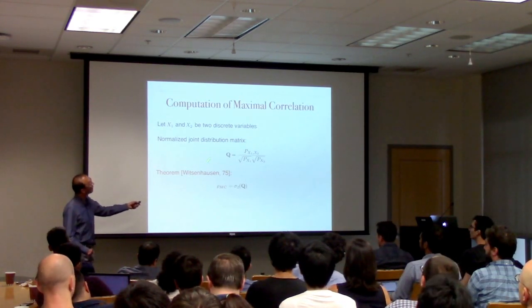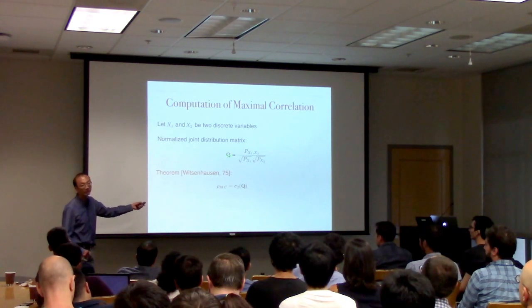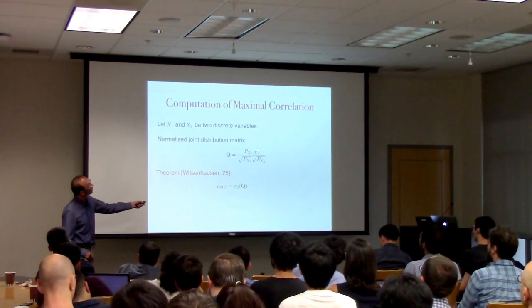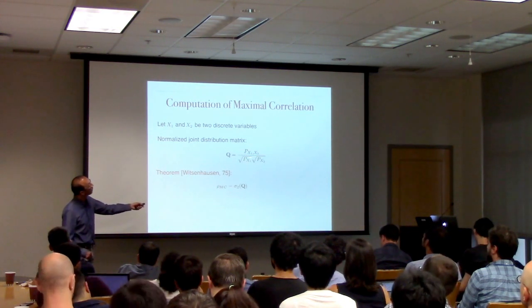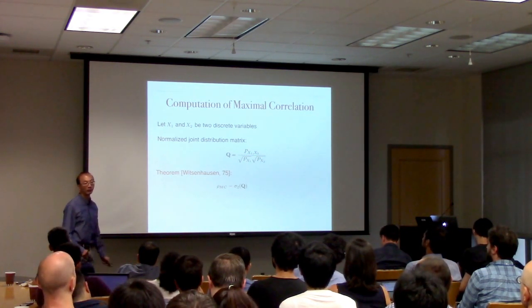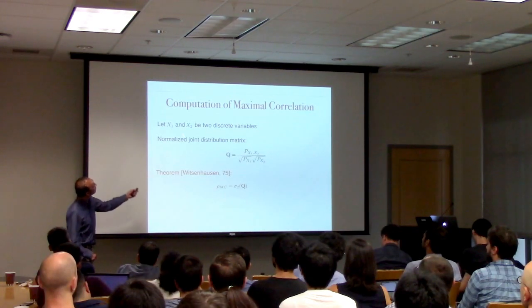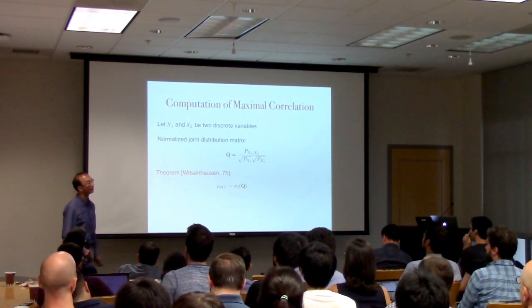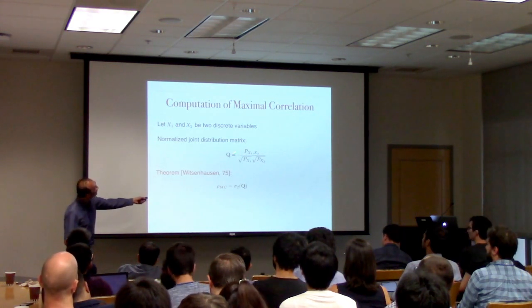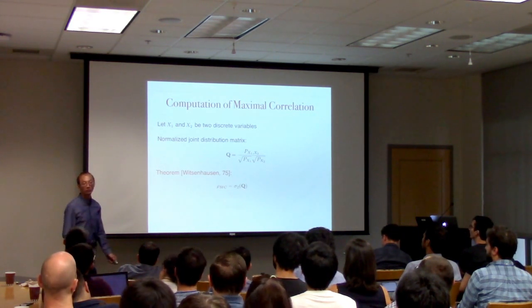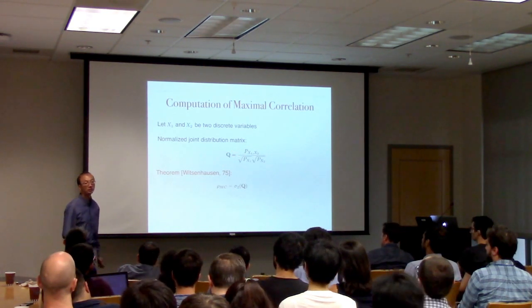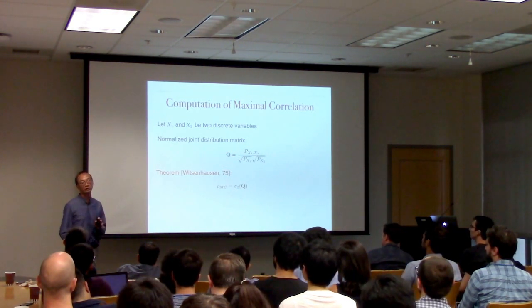He said, let's define a matrix Q, which is the joint distribution between x1 and x2, normalized by the square root of the 2 marginals. Suppose x1 takes on, say, 5 values and x2 takes on another 5 values. Then this is a 5 by 5 matrix, where the entries correspond to the joint distribution, normalized by the square root of the marginal.